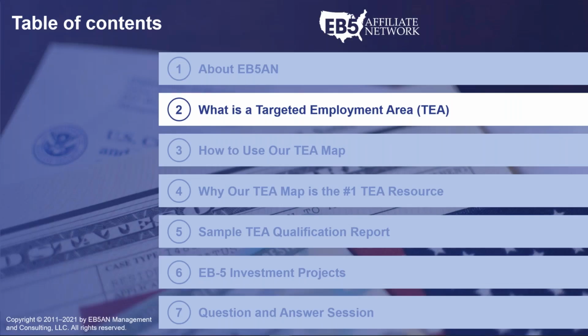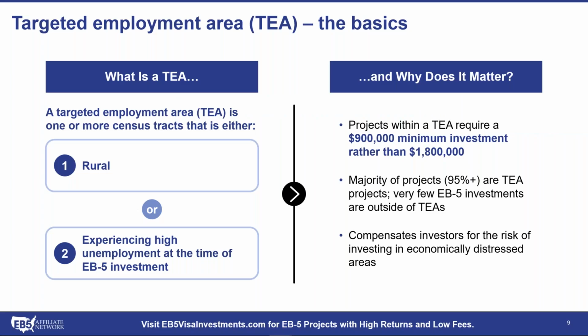So we'll jump right in and talk generally about targeted employment areas. As you may know, there are 2 different types of targeted employment areas. One is rural, and the other is a high unemployment area. So there's 2 types, rural or high unemployment. And why does it matter?